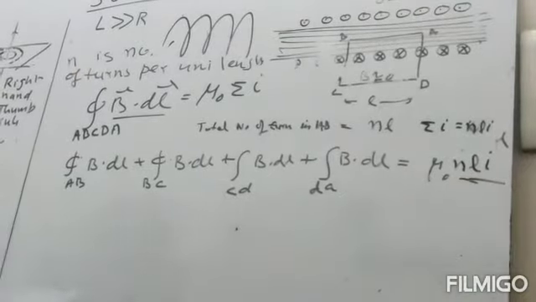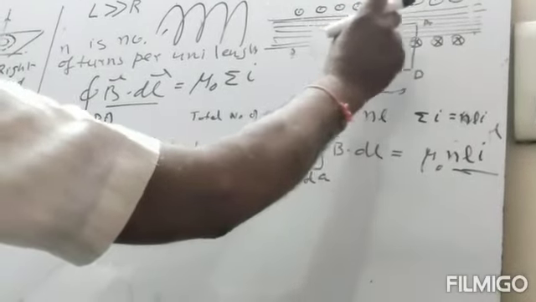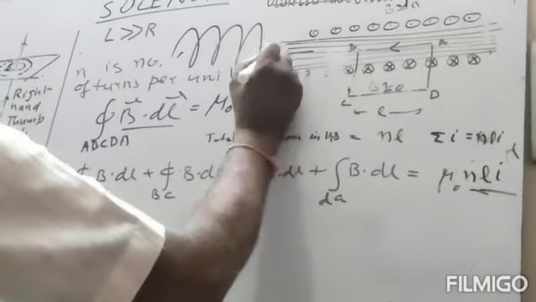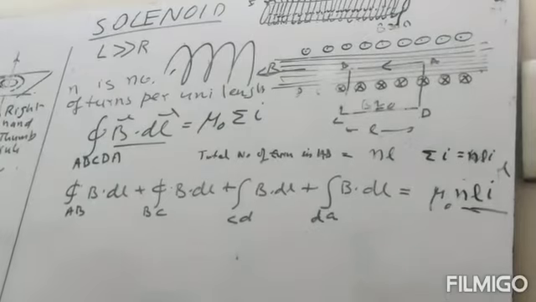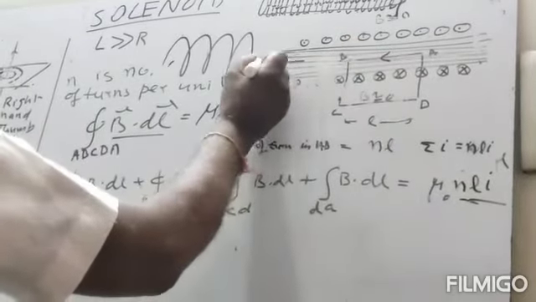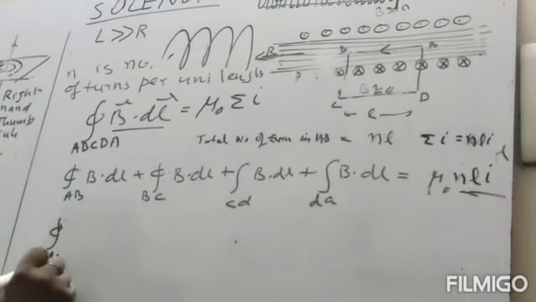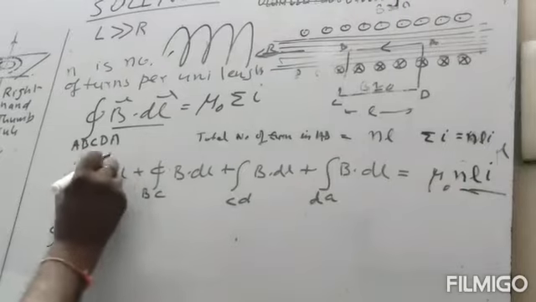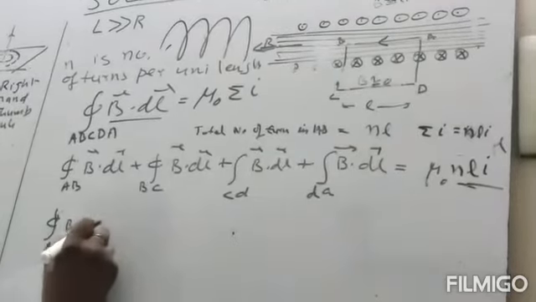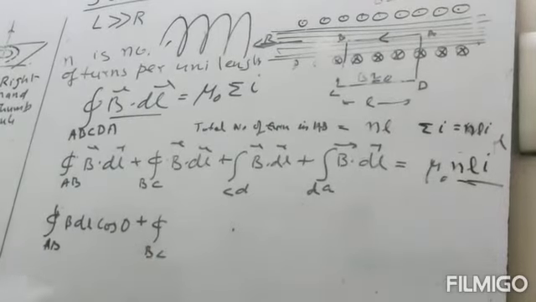So put it here. Now for AB, it is well inside the solenoid. If we take A to B, the magnetic field is, suppose, in this direction, then the magnetic field B and dl will be in the same direction. So the angle between B and dl is 0. So for AB, we have B dl cos 0, plus BC.